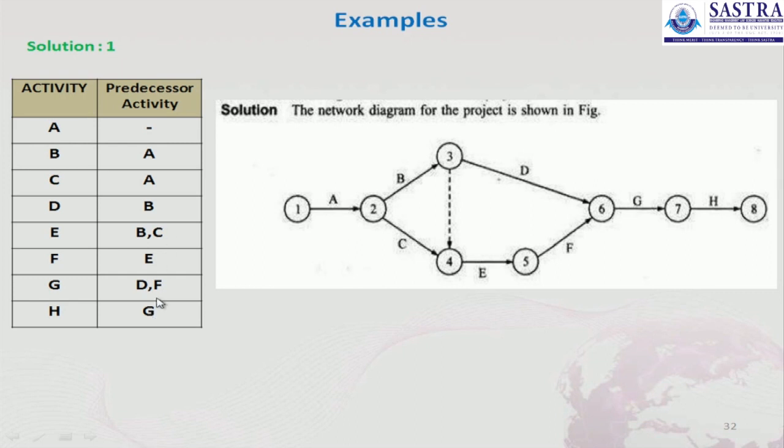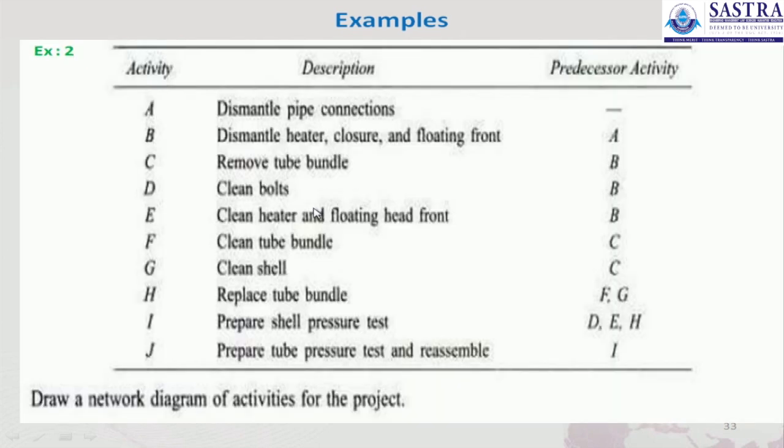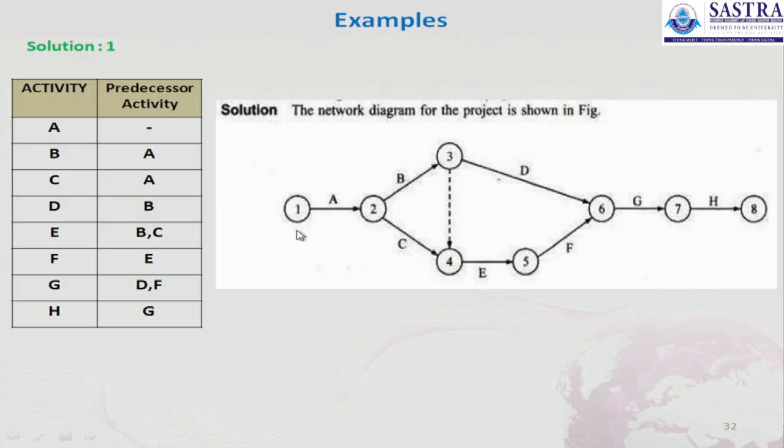Through this network diagram for this project, first we start with node 1. From node 1, we draw the network from A. Activity A has no predecessor activity, so we start with A, from event node 1 through activity A to node 2.